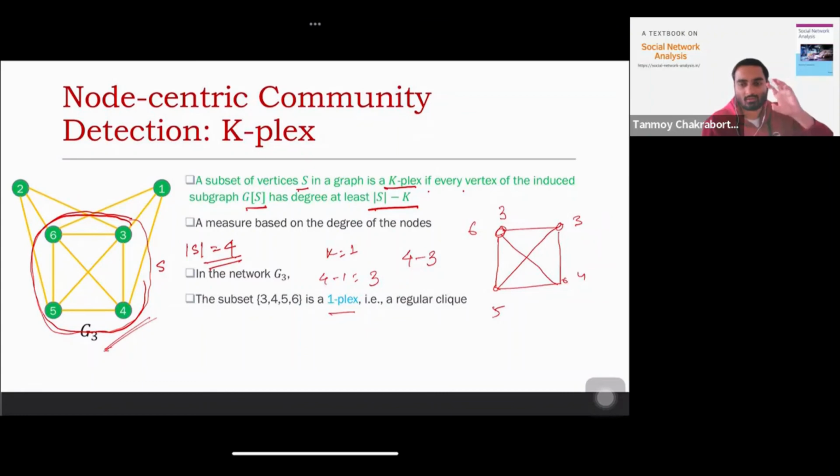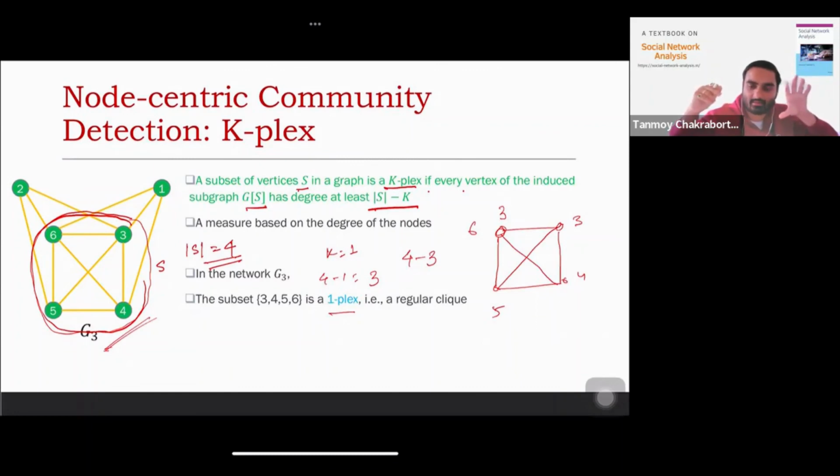As the size of S grows, you still have a low k-plex value, say a 1-plex or a 2-plex. S is growing, but still you have a 2-plex. What is the meaning?